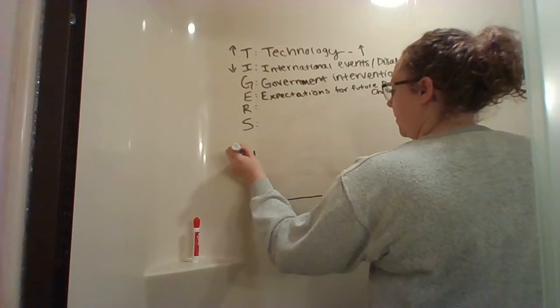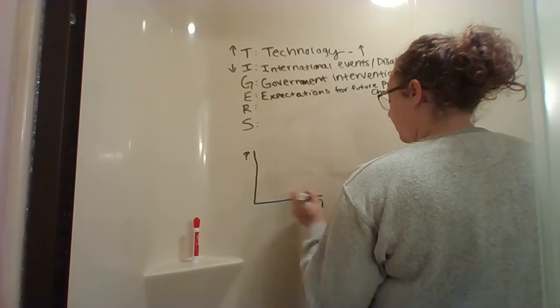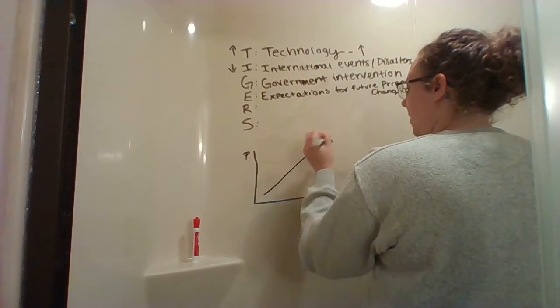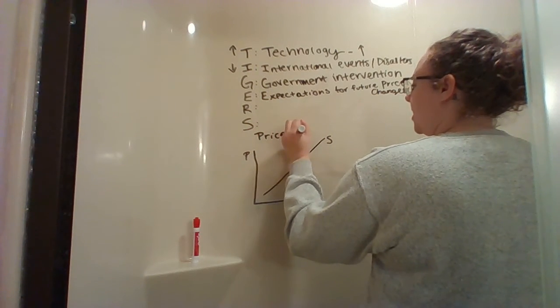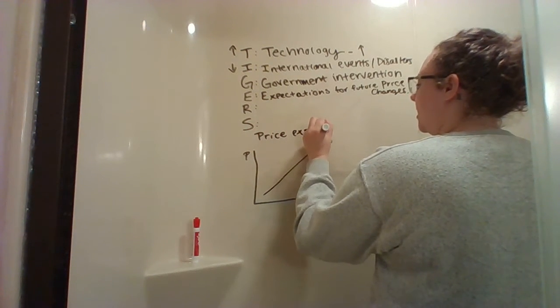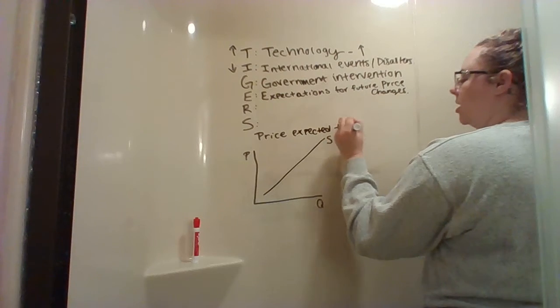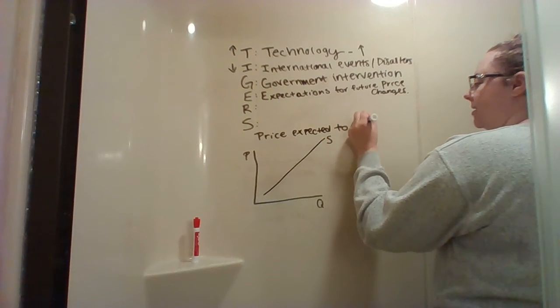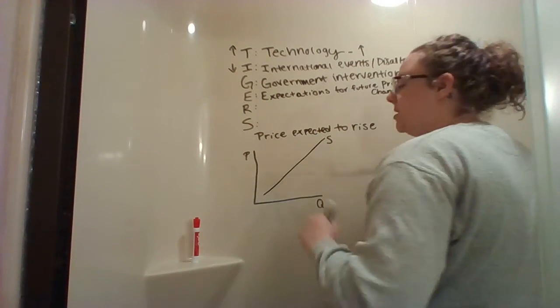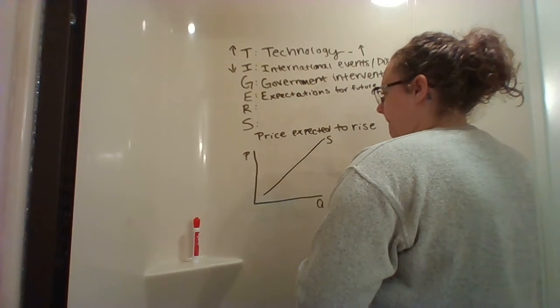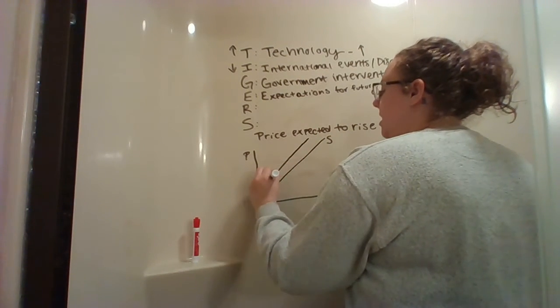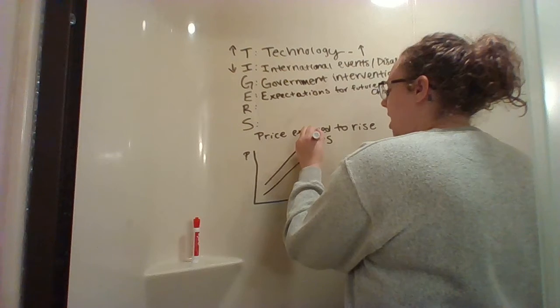So P, Q, S. If prices are expected to rise, what's going to happen right now to supply? Supply is going to decrease because remember, we're the suppliers.